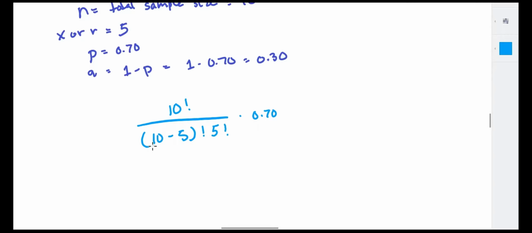So n factorial, there's our n minus x, okay, percentage to the power of x, which is 5, times, actually I'm not going to use times because that looks like an x, I'll just use my little dot there. So times the complement, and then n minus x. Whew. Okay, so that's what it looks like when I plug it in. I'm going to simplify the exponent here because the exponent is 10 minus 5. I can simplify that. 10 minus 5 is just 5.